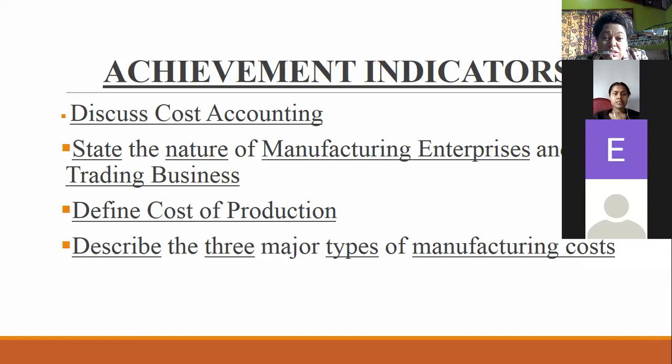Year 11 and year 12 accounting focus on trading firms. Trading firms are engaged in buying and selling of finished goods.